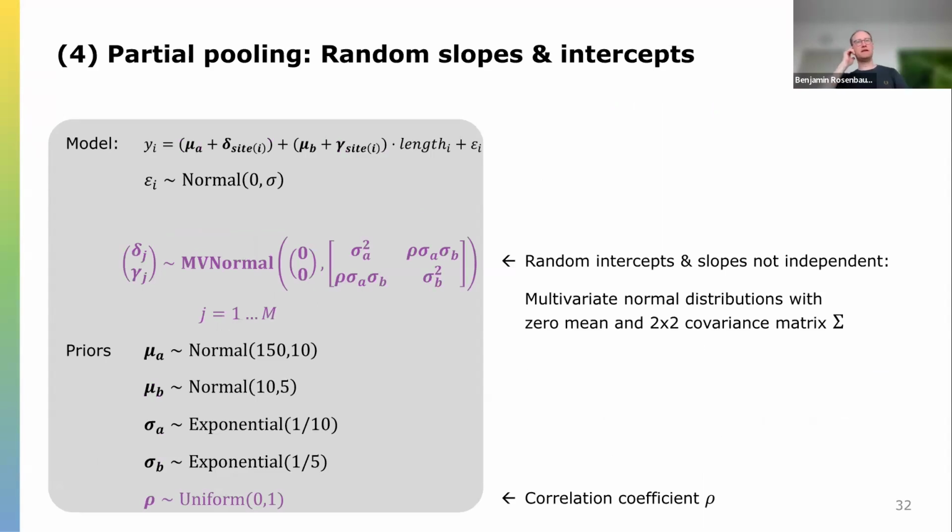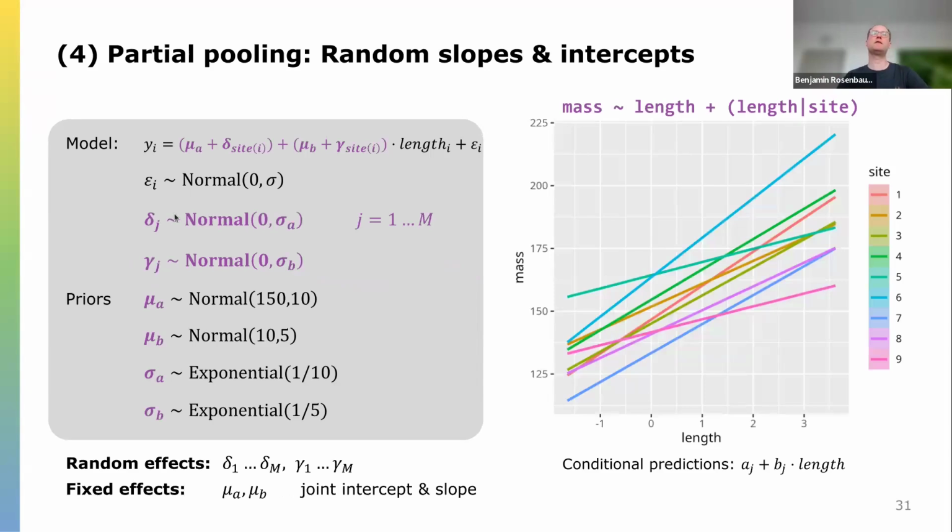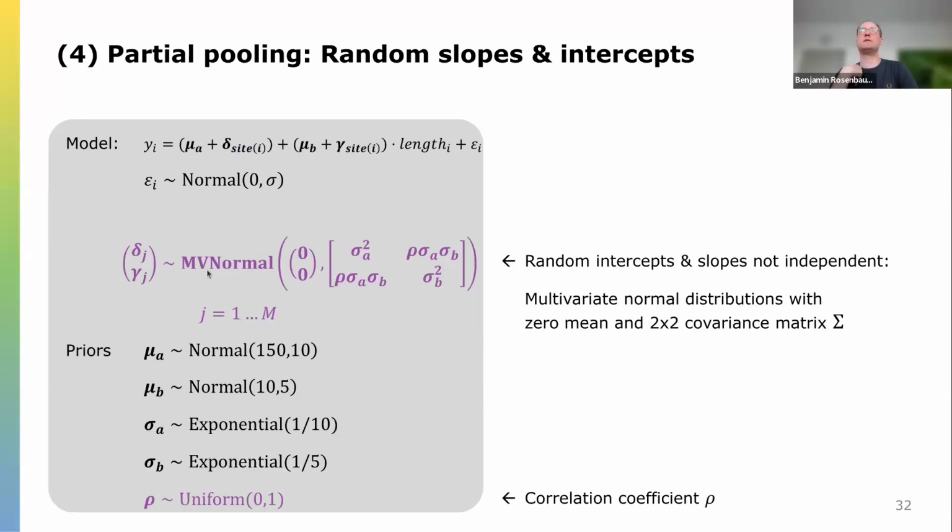There's just one technical detail. I mean, it's not so important. If you fit the model in BRMS, it is not fitted in this way. The deviations for the intercept and also the deviations for the slope are not independent. So they do not come from two independent normal distributions, but they are assumed to come from a two-dimensional multivariate normal distribution where intercept and slope have some correlation.